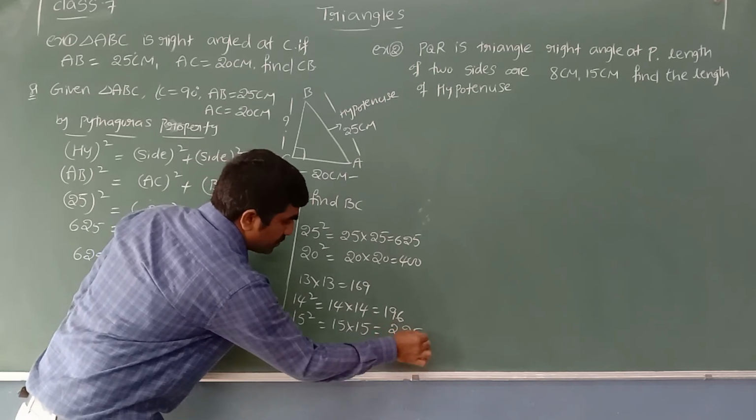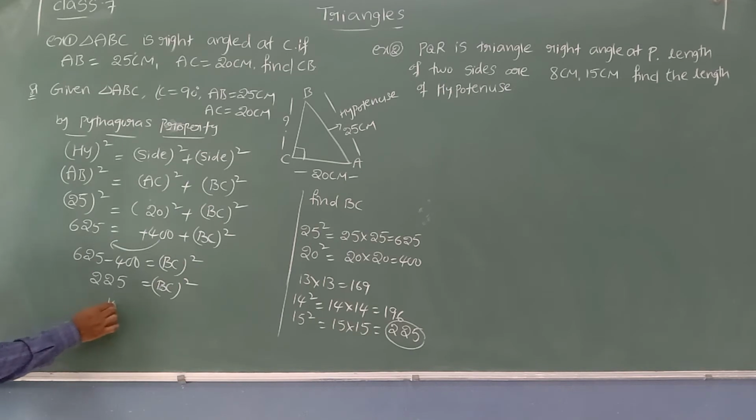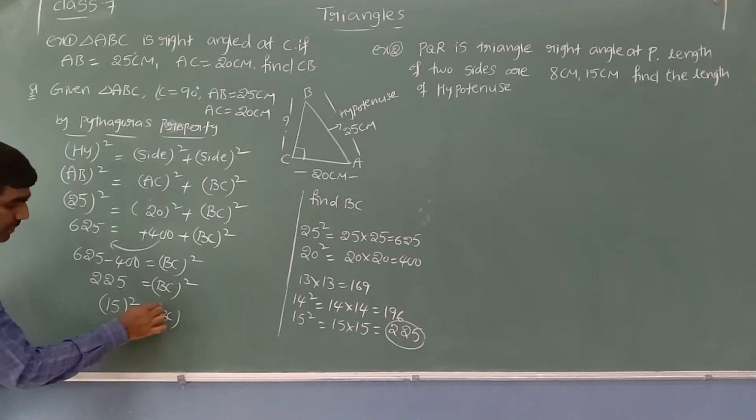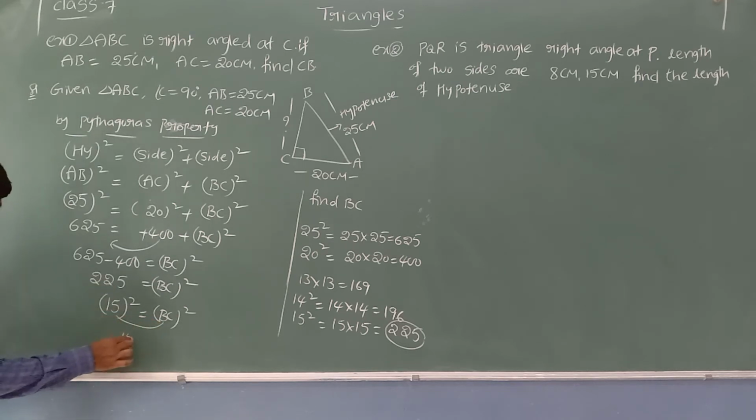So in the place of 225 we can write 15 square. Because the RHS is also BC square, this also I want to write as some number square. Powers are equal, so equate the bases. BC is equal to how much? 15.